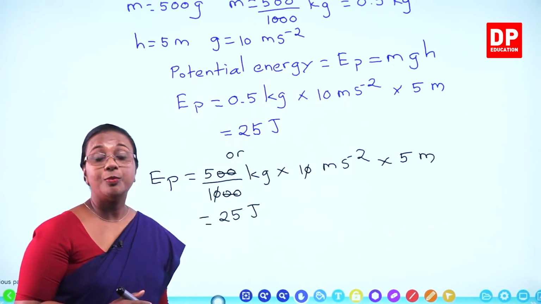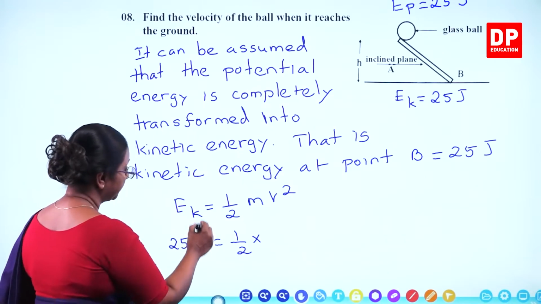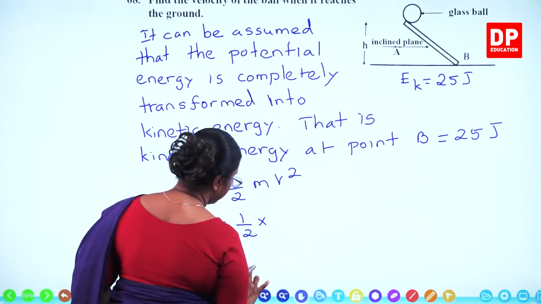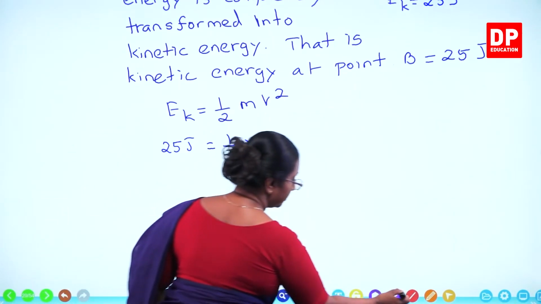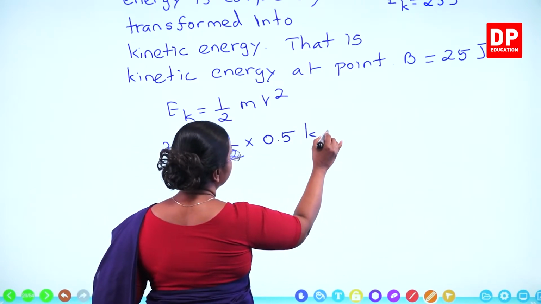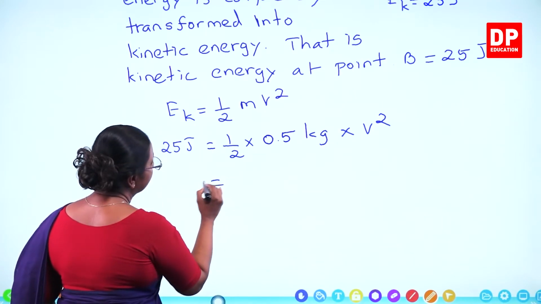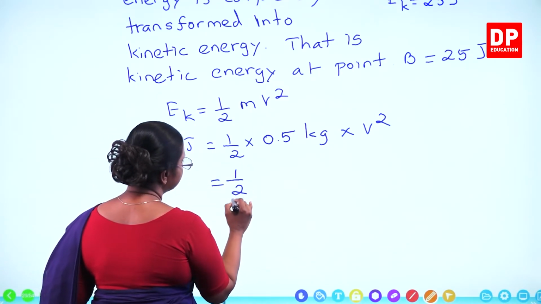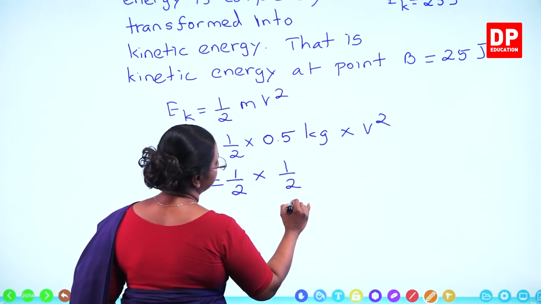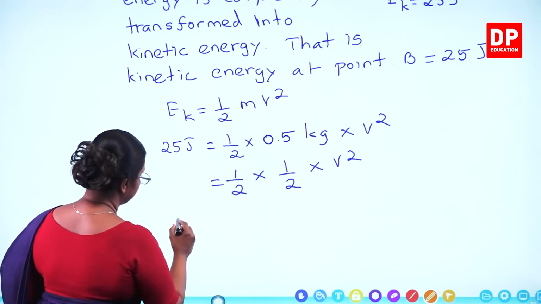So it is 0.5 kilogram. I will use that value here. So here that is going to be 0.5 kilogram into V squared. So to make it easier, I will write this as half and this also as half into V squared. So we need to find V squared.